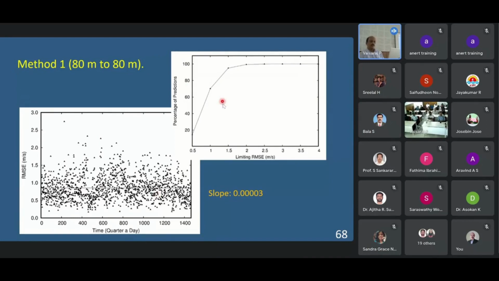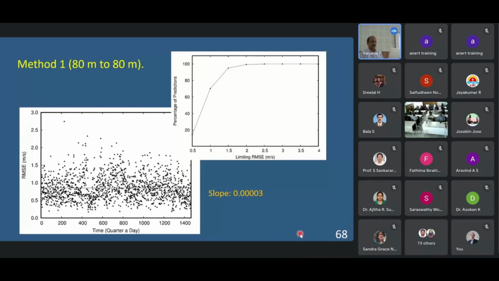This is another way of representing the percentage of how many of these predictions are coming below different limiting RMSE values. Say 1.5 meter per second as the RMSE, roughly 85% of these components are coming below that level.